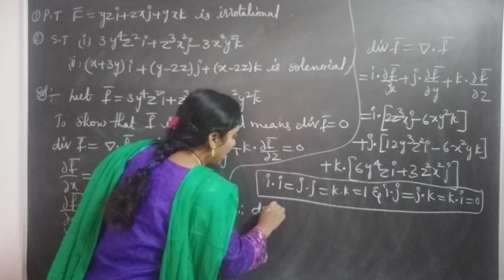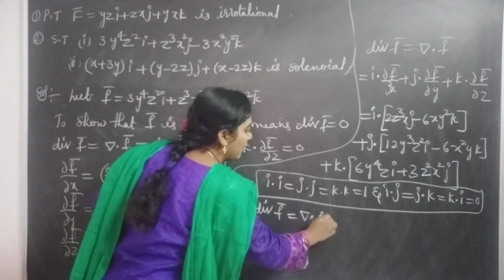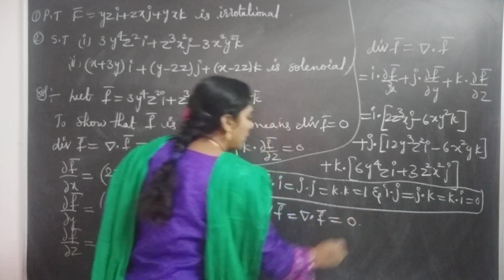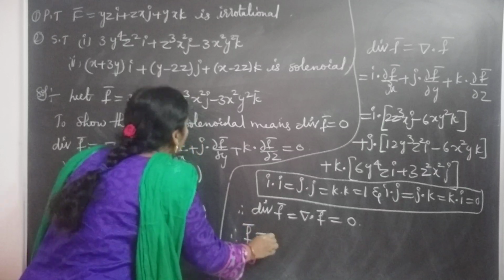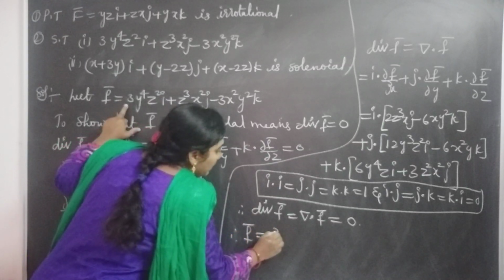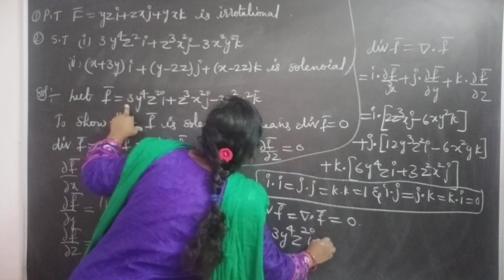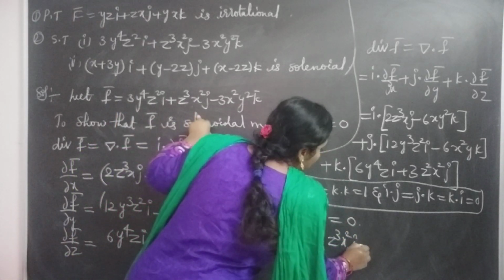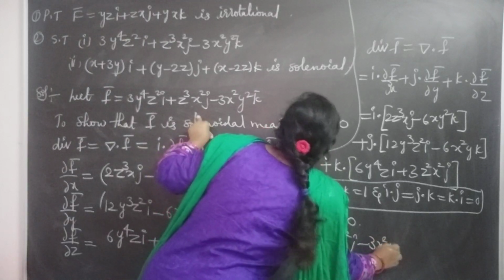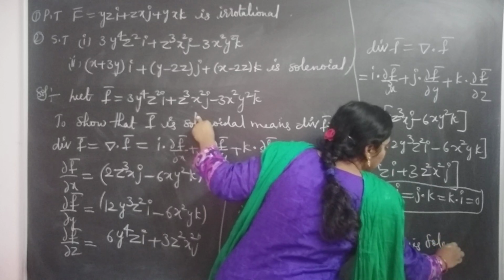Therefore, div f̄ = ∇·f̄ = 0. Therefore, f vector equal to 3y⁴z² i + z³x² j − 3x²y² k is solenoidal.